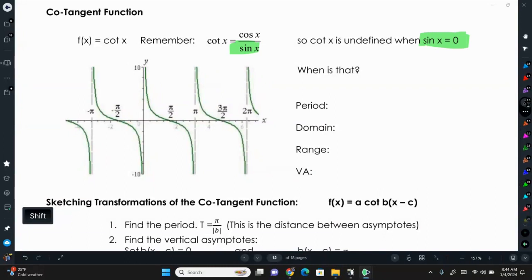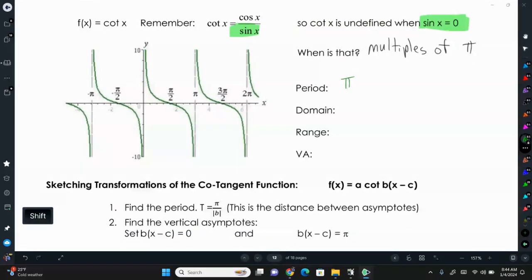So sine is equal to 0 at multiples of pi. So 1 pi, 2 pi, 3 pi, those all have a sine value of 0. So the period is going to be pi as well for the regular cotangent function.